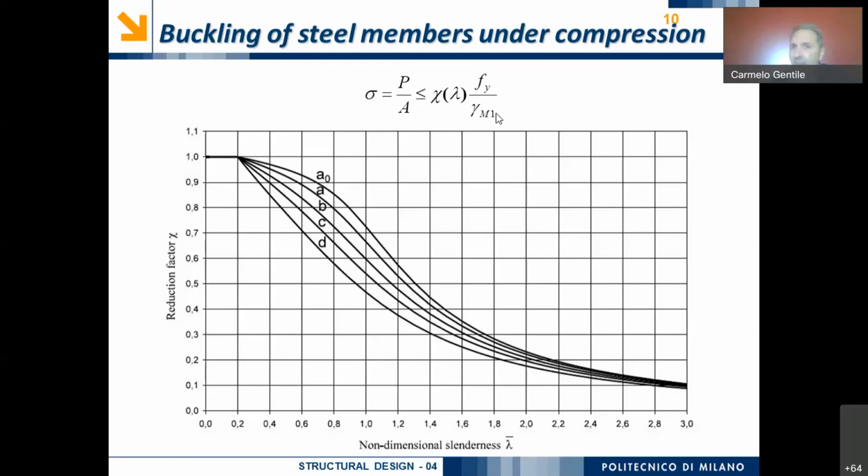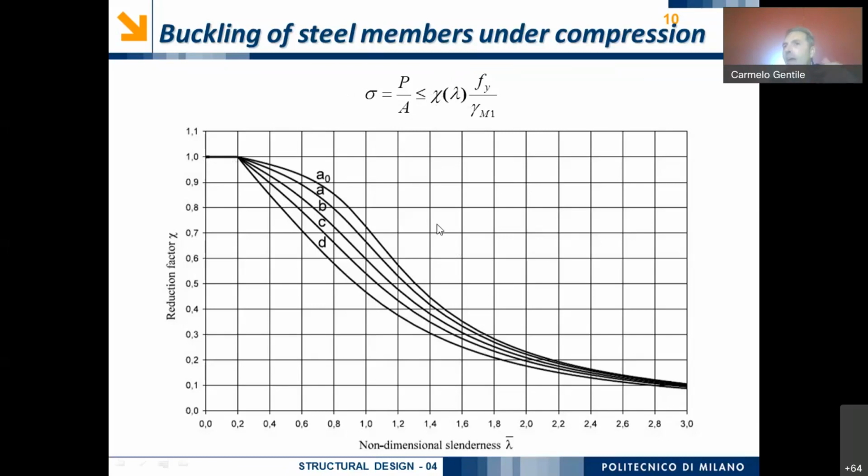Instead of defining chi, which only depends on lambda, as the ratio between the critical stress and Fy, I can define omega as the ratio between Fy and the critical stress. In the case we are referring to chi, chi is always lower than 1.